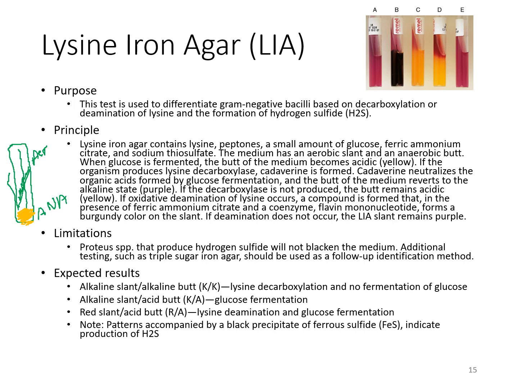This means that the butt of the medium will go back to an alkaline state. So it will change that color back to that dark purplish, magenta looking color. I don't have a color to match, so I'll change it back.